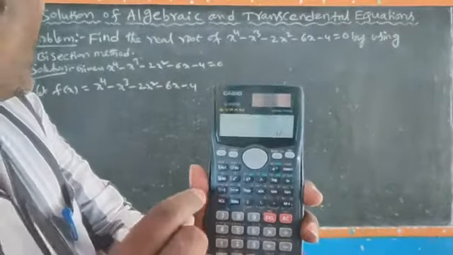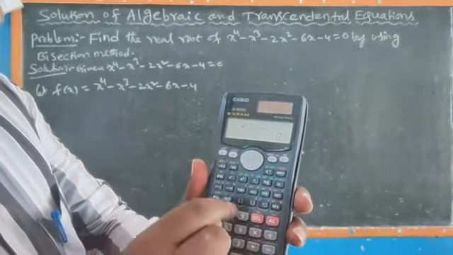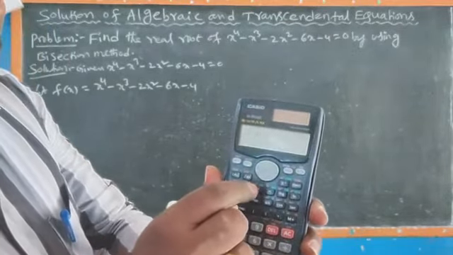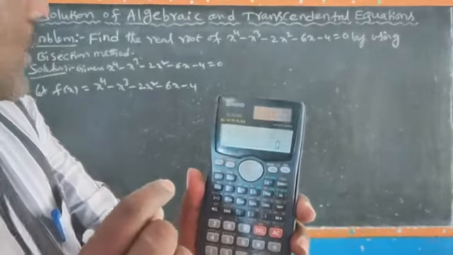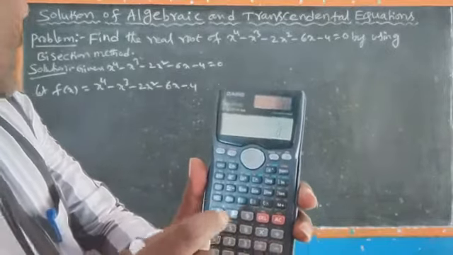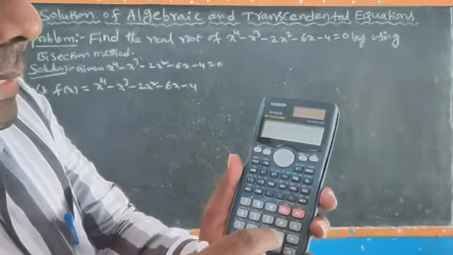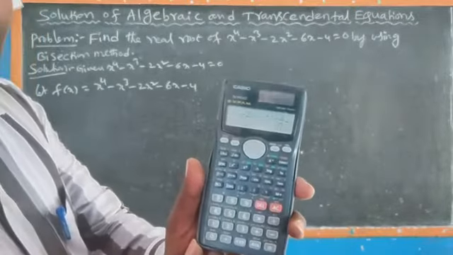Minus 2, Alpha x, then x square, so we get 2x square. Minus 6 Alpha x minus 4. So this is the given equation.